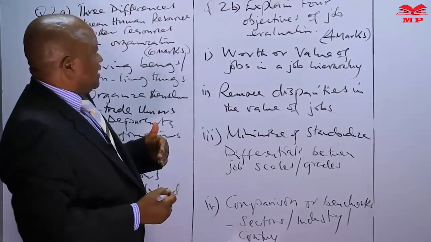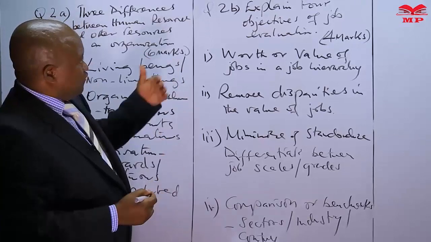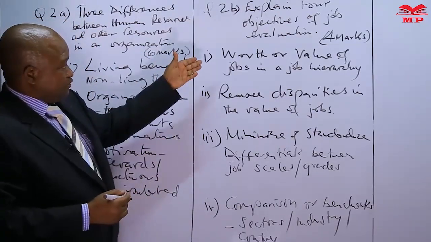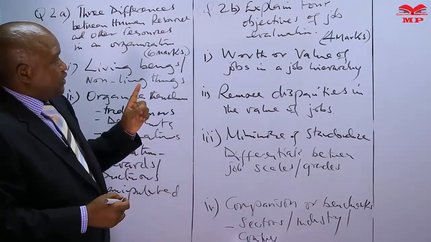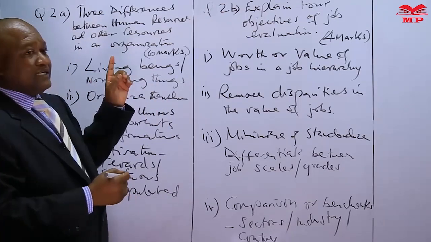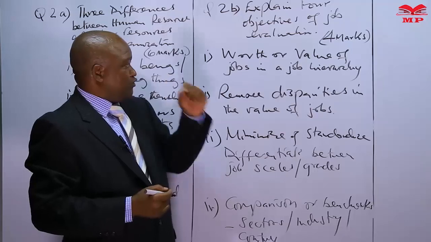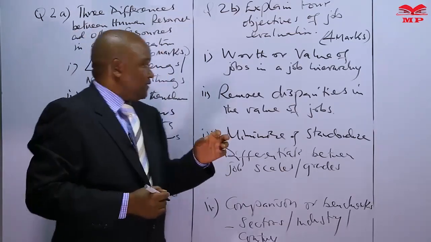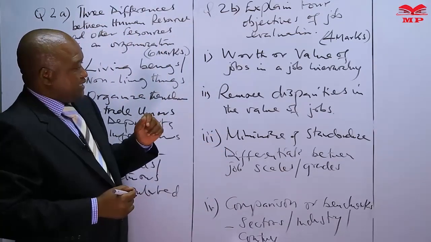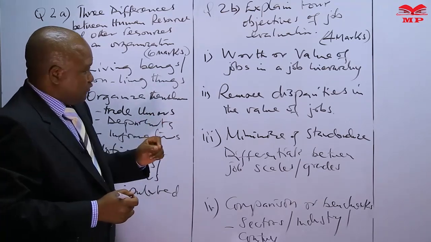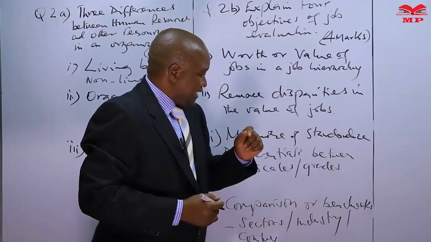So these are some of the objectives of job evaluation, where we have looked at one, that job evaluation assists the HR or human resource department to find out the worth or value of jobs in a job hierarchy. It helps in removing disparities in the value of jobs within a particular setting.